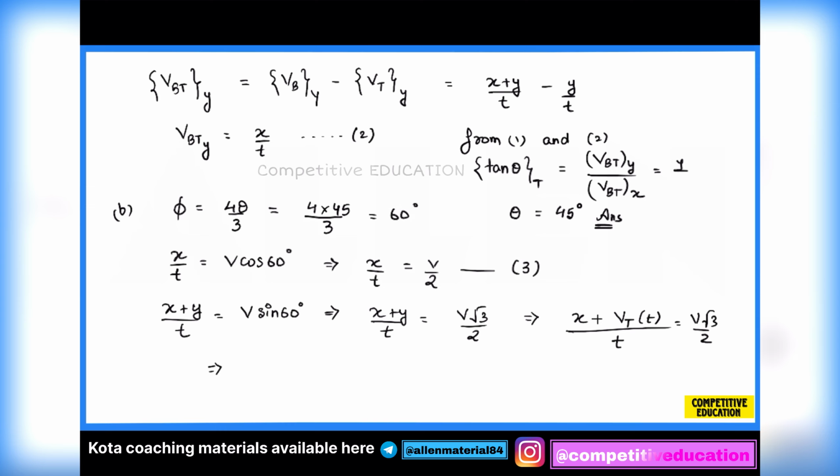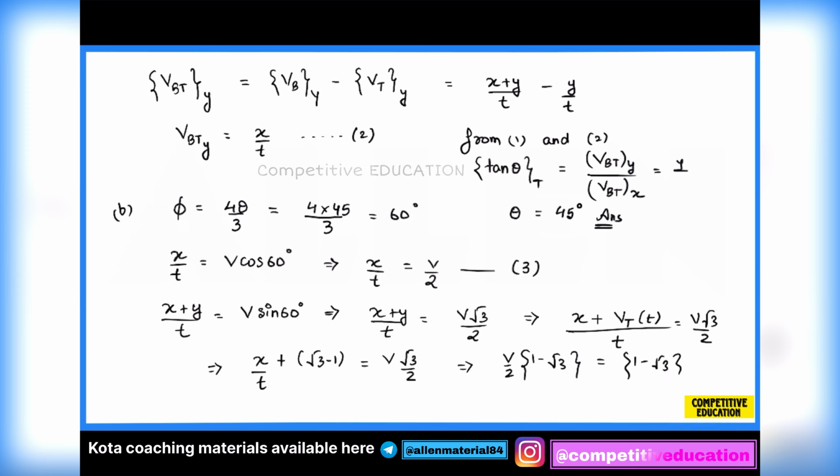So this can be written as x plus the velocity of the trolley, which is given to me as root 3 minus 1. So it will be x by t plus root 3 minus 1 equals v root 3 by 2. Now x by t, you can see from equation 3, is v by 2. So I can write v by 2 (1 minus root 3) equals 1 minus root 3.